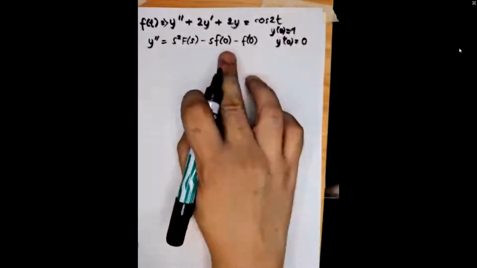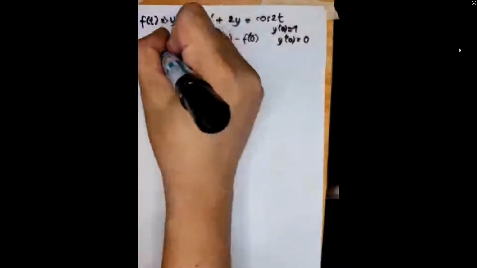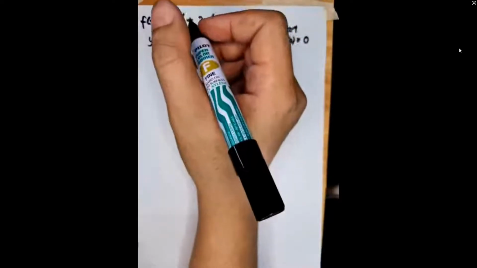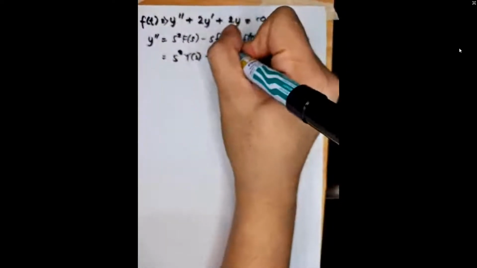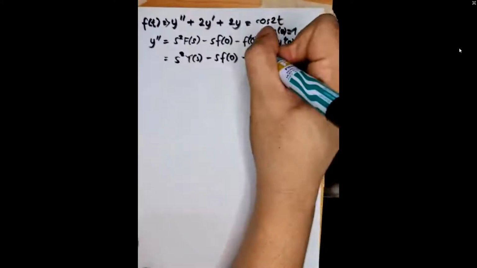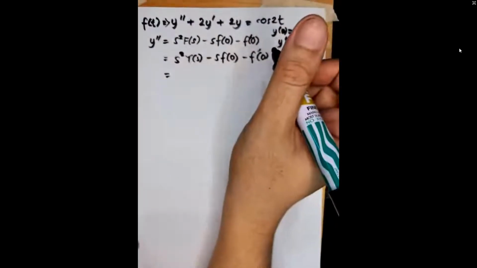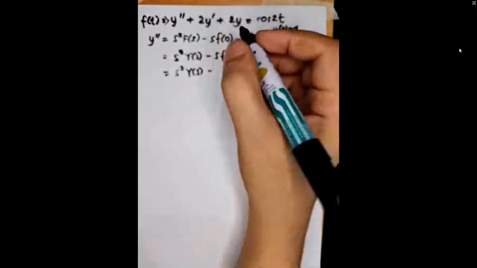Okay, so that's our formula for the second derivative. Yung pangalawa, ayan, ito. Okay, but this one is in terms of function, but ours is in terms of y. So we need to transform them. So that's equal to s squared times y of s minus s f of 0 minus f prime of 0. So that's equal to s squared y of s minus s.